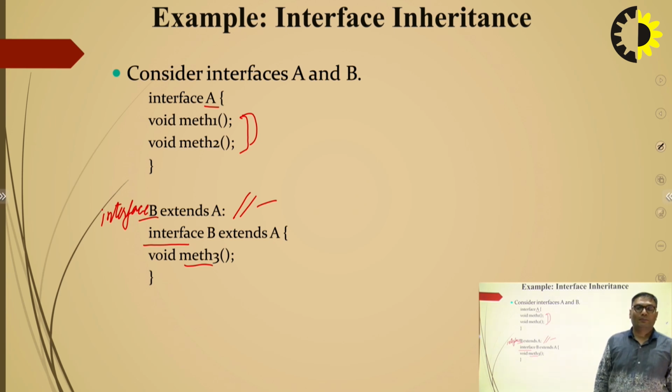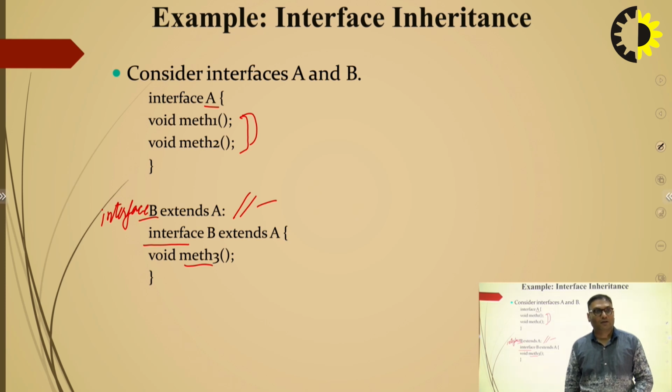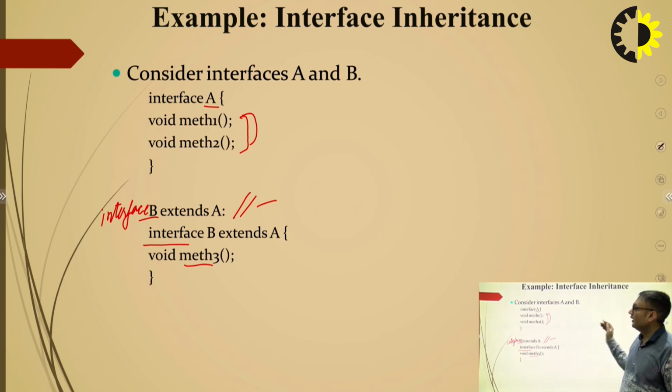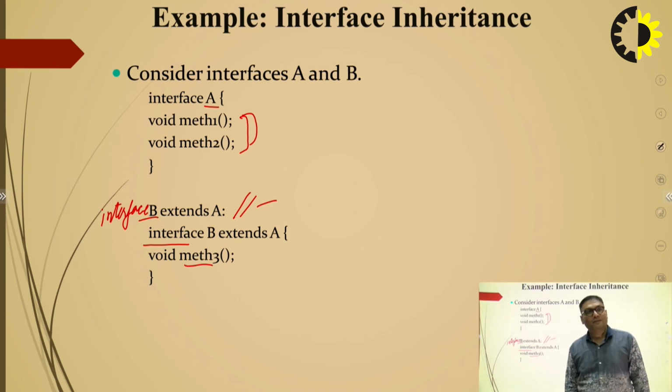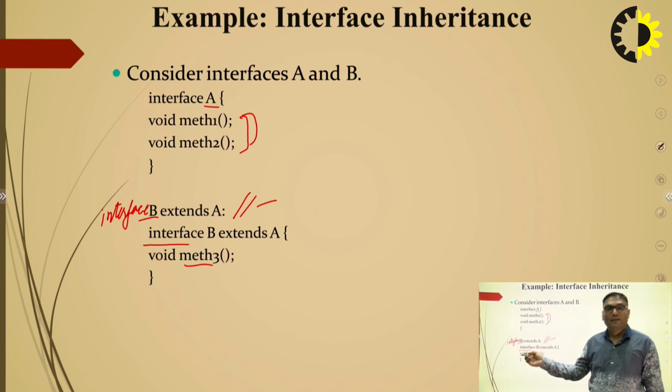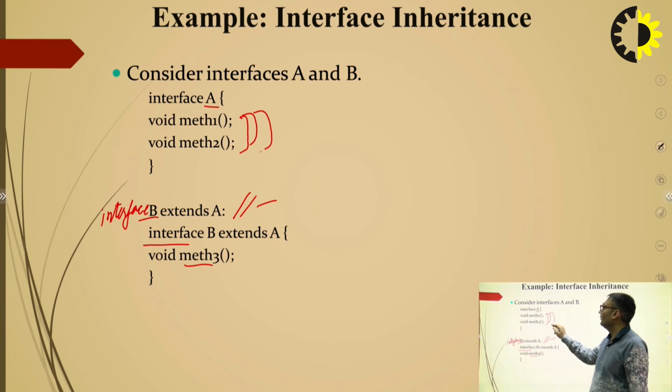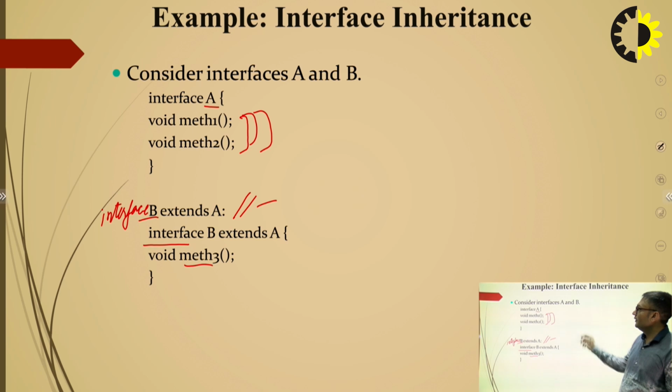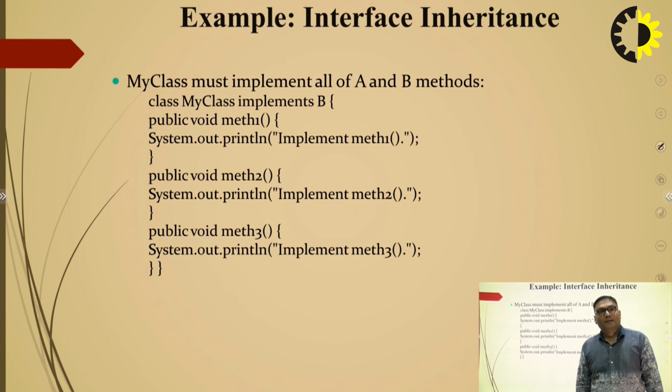Now this B can further be implemented with the help of a class. We will define a class here, and then we will implement either the single interface A or B. If we implement interface B, then automatically these methods will be defined inside that class. So an interface can be used with the object-oriented property of inheritance. Now let's see how we will implement it.